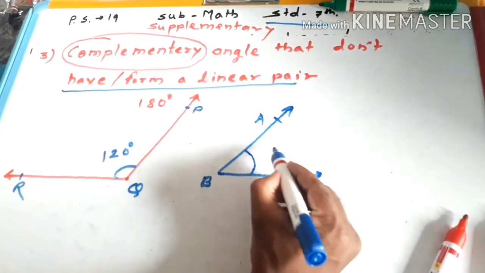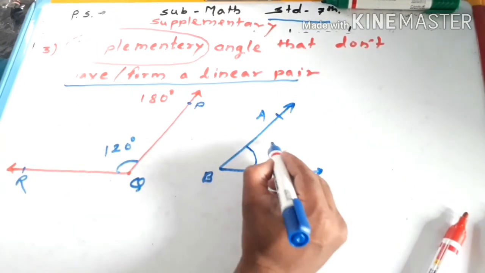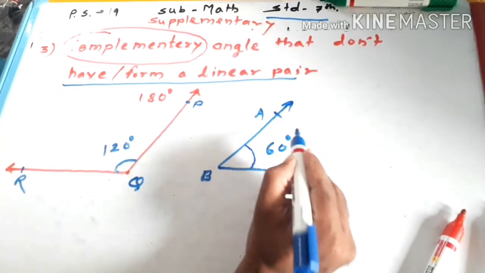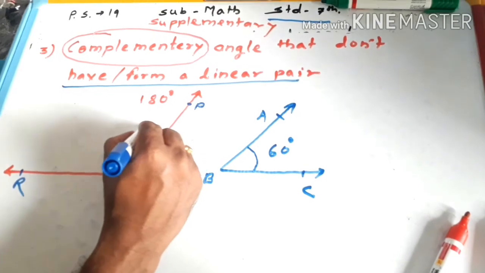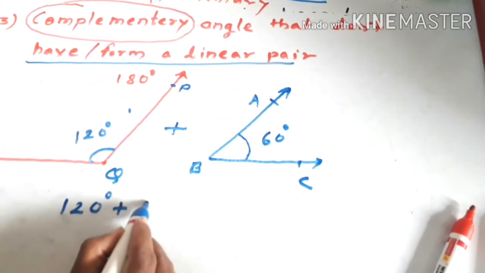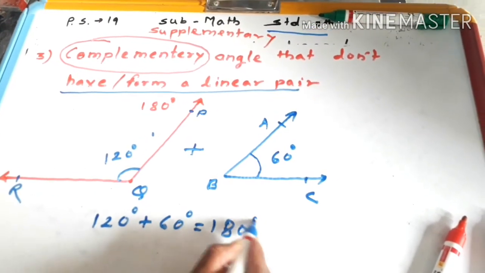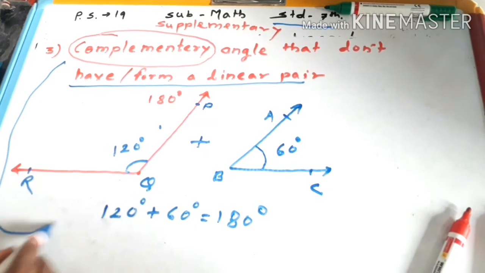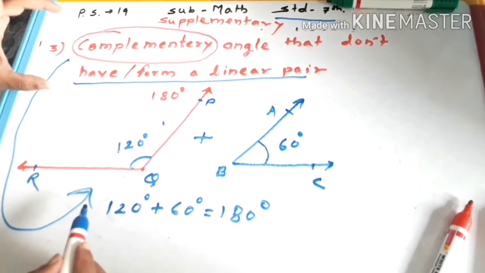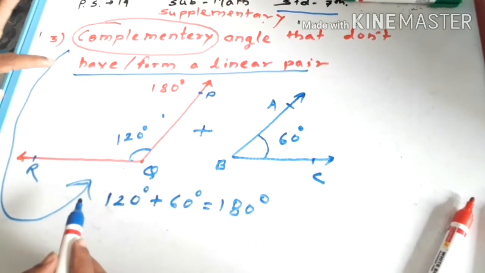So the other angle is 180 minus 120 equal to 60. Now again the addition of both angles, 120 plus 60, is equal to 180. So this is the figure that we have drawn according to this statement, supplementary angles that don't form a linear pair.